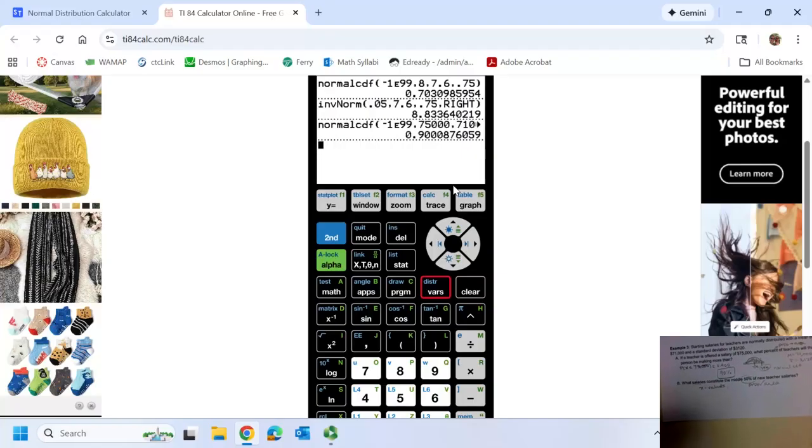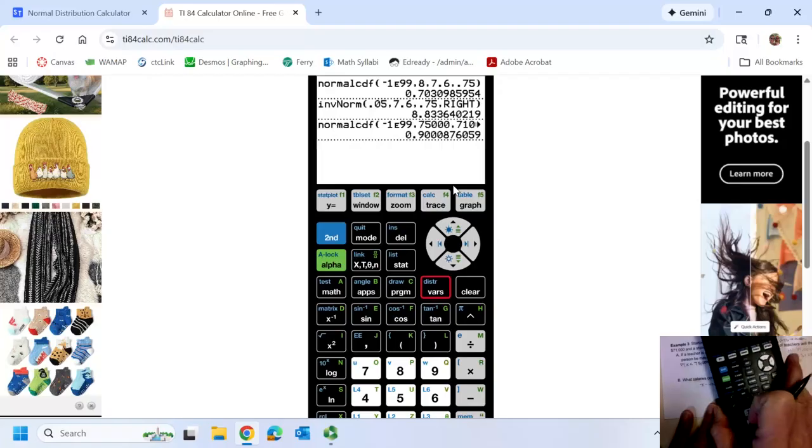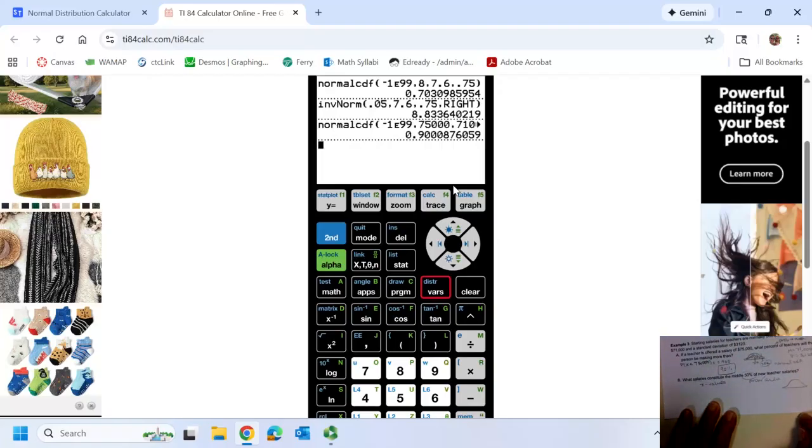So again, I'm going to stay here on my TI calculator. If you haven't found that, I just Googled TI-84 emulator, and this was my first hit. So you can find one of these online if you don't have a physical one like this, or if you don't have an app on your phone, which is also a way to go.